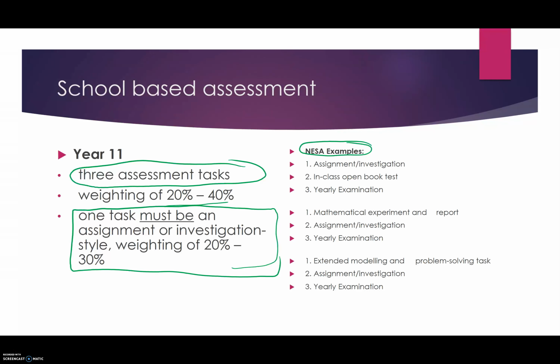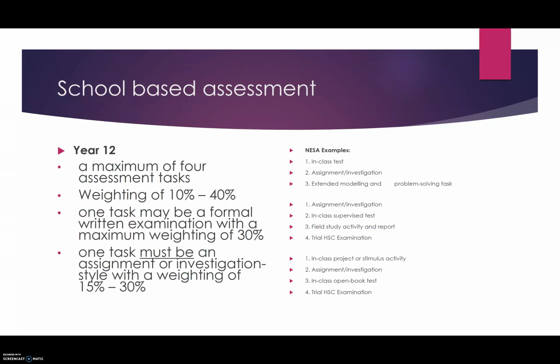And they haven't really given us a whole lot of information on ideas on what we can do, but we've got a few already. Year 12, they've changed the assessment for their maximum 4 assessment tasks, which we already do. And again, NISA's given us a couple of different ideas. It was interesting though, some of them didn't include a trial HSC, which was weird and not terribly scary actually.